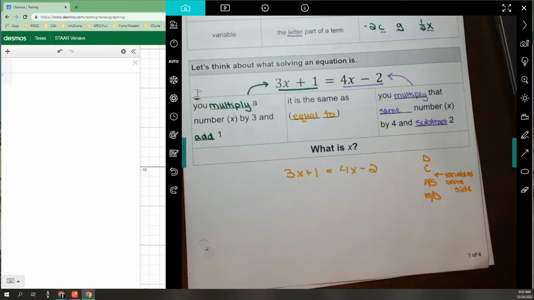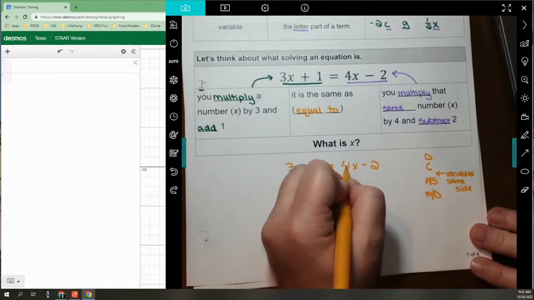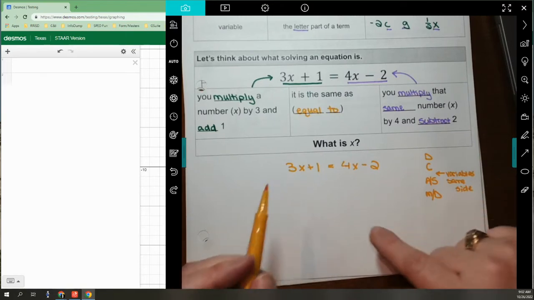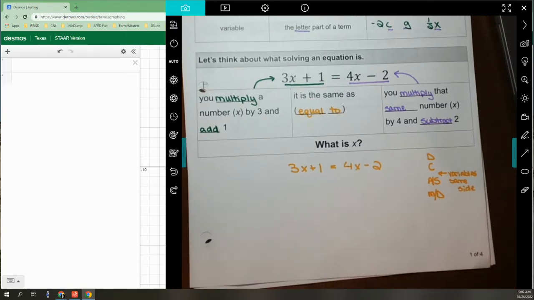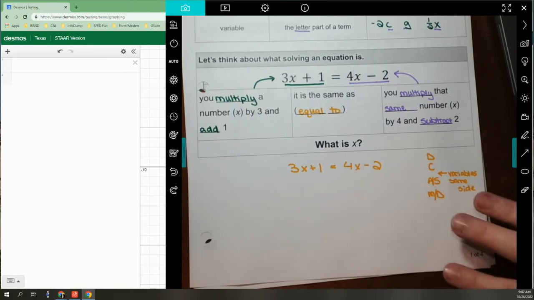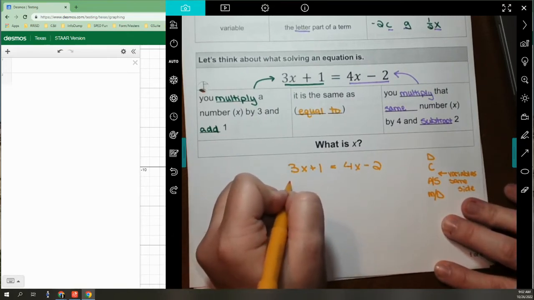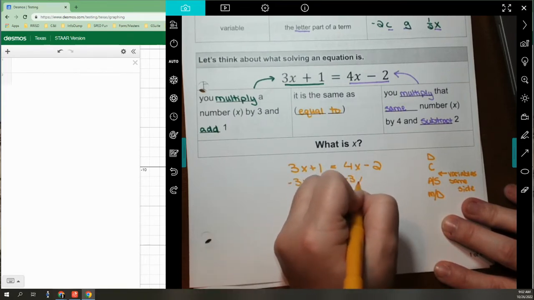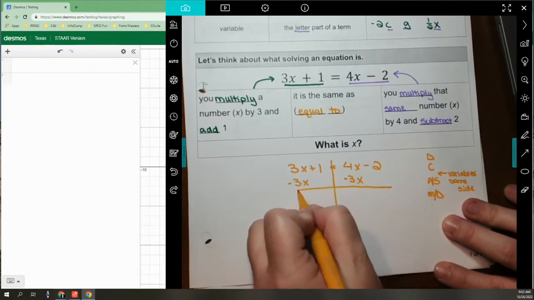So let's try to figure that out. I know that if I have 3x plus 1 equals 4x minus 2, I've got a variable over here and I've got a variable over here. Well, I want variables only on one side. So let's say I want to get rid of this 3x. I could say minus 3x, minus 3x. Oh, I forgot to talk to you guys real quick.